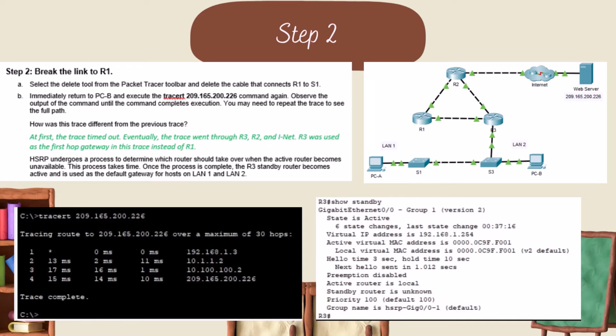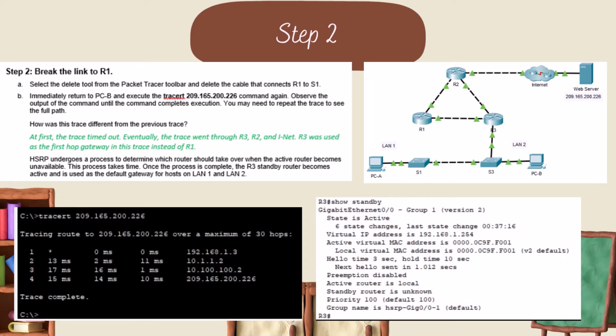How was this trace different from the previous trace? Okay, for the first, the trace timed out. Eventually, the trace went through R3, R2, and Internet INET. R3 was used as the first hop gateway in this trace instead of R1.